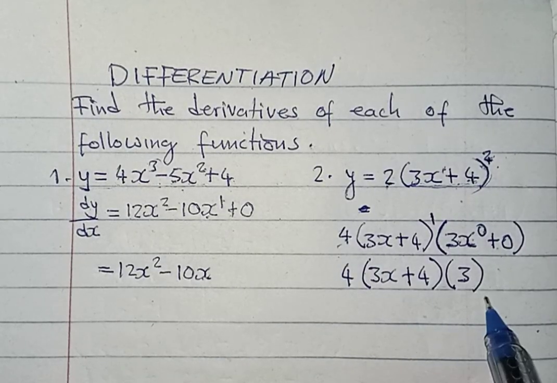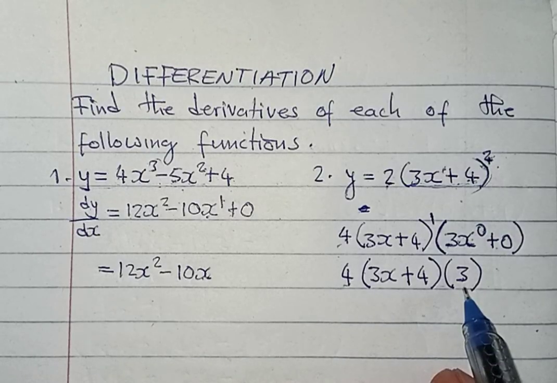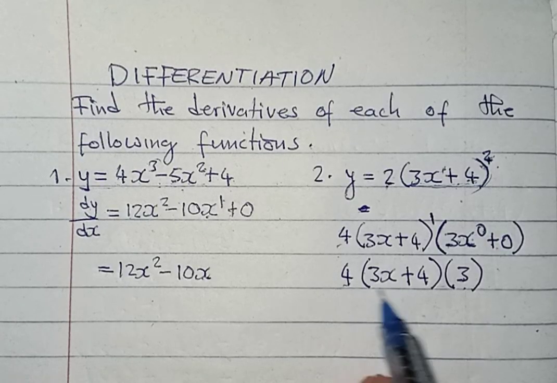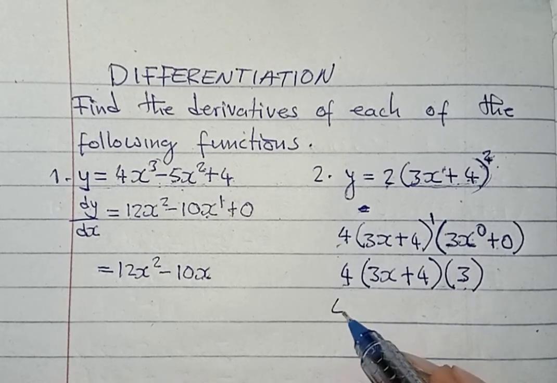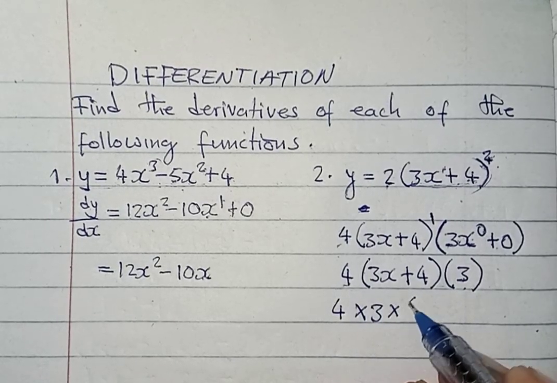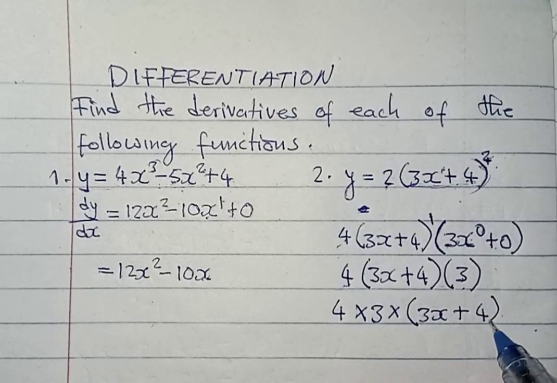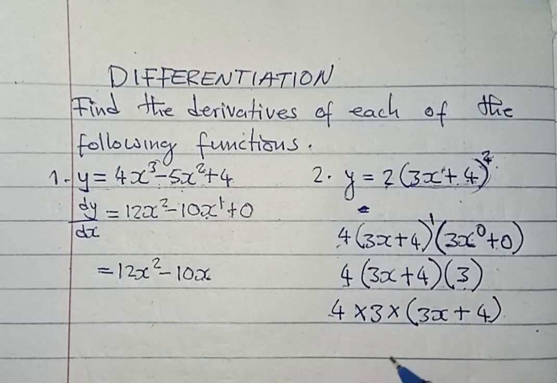We can rearrange this expression so that we have these numbers together. Multiplication allows us to do that. When we have, for example, 1 times 3, we get the same result as 3 times 1. So we can rearrange this, obtaining 4 times 3 times 3x plus 4, like that. 4 times 3 is 12.